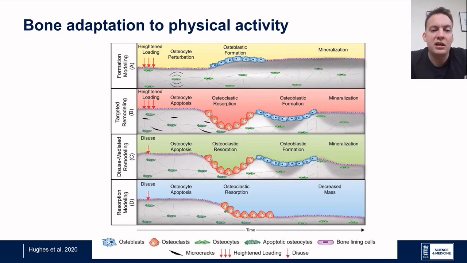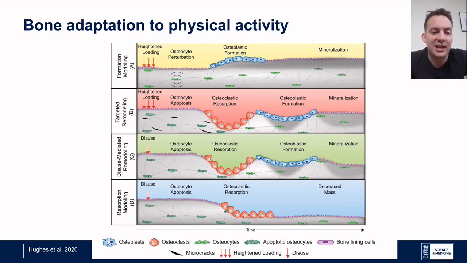Then we move on to our disuse pathways. So firstly, we have disuse mediated remodeling, where in this situation where bone isn't being stimulated, again osteocytes die, again osteoclasts take bone away. But this time, the osteoblastic response isn't as great as in the targeted remodeling case. This results in less mineralization and ultimately weaker bones.